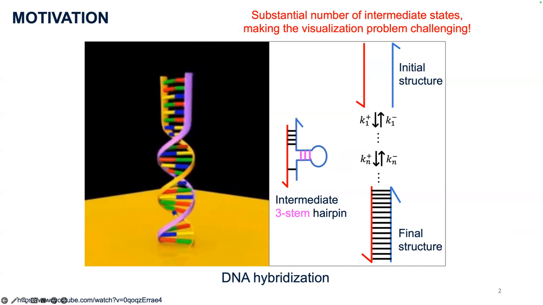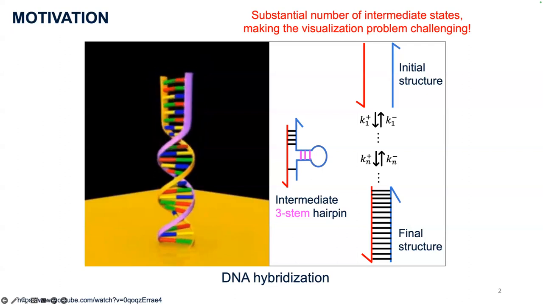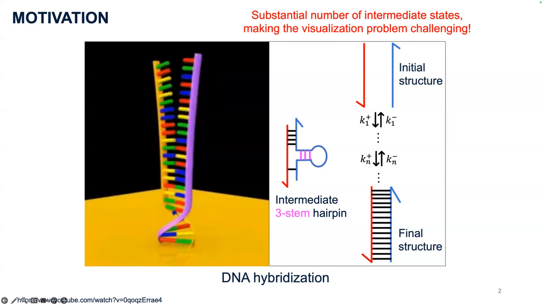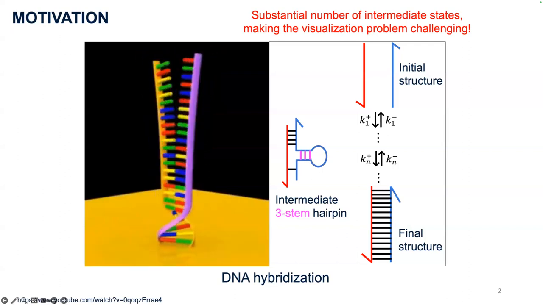Two unpaired complementary strands start binding by inter-strand base pairs and eventually form a fully paired double helix structure. Actually, this animation just shows a very simplified example, and it does not often happen in reality.